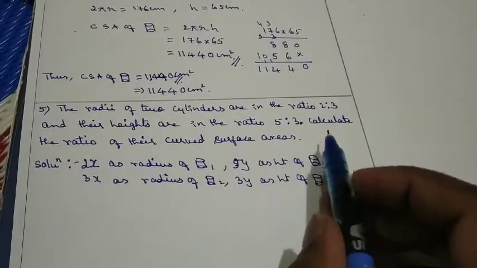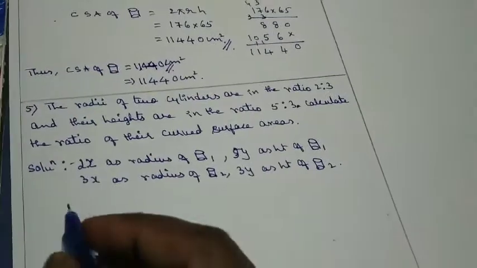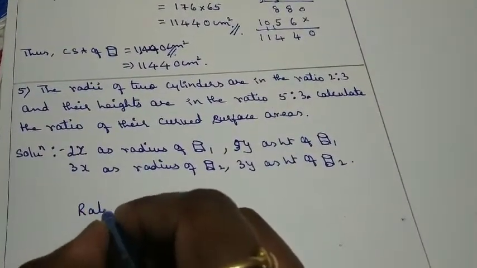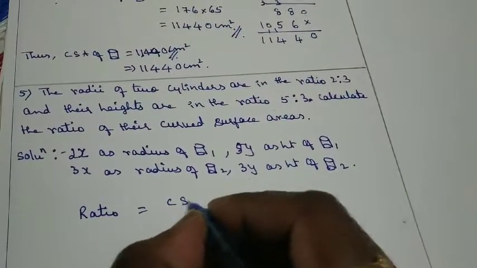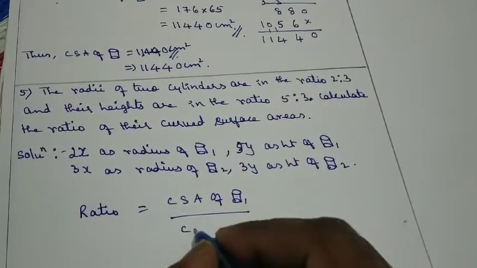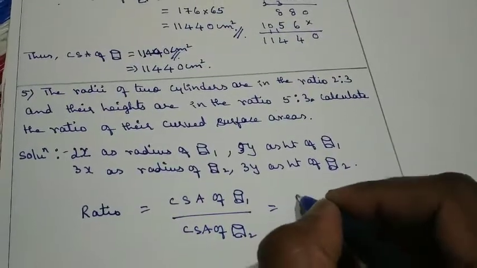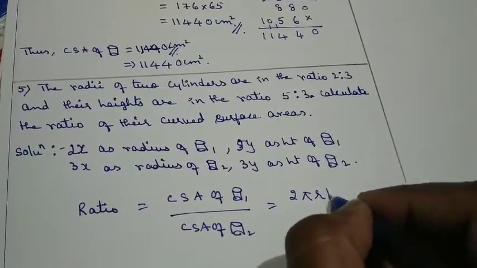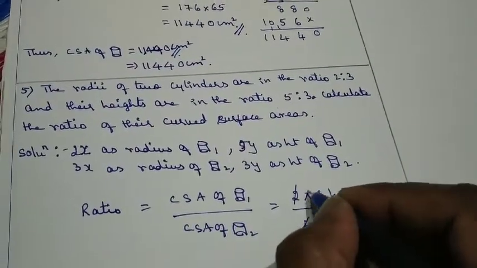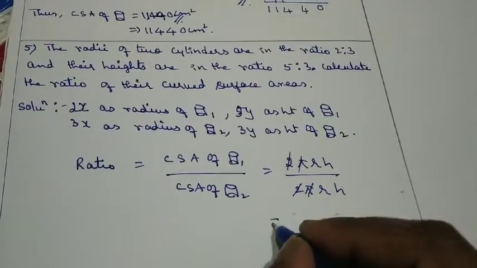So after doing that, he is asking to find the ratio of their curved surface area. So let me take directly the ratio here. So ratio equals CSA of cylinder 1 by CSA of cylinder 2. Then CSA formula is 2 pi rh by 2 pi rh. So 2 same, pi same. Please don't cancel the r and r because the radii of the two cylinders are different.